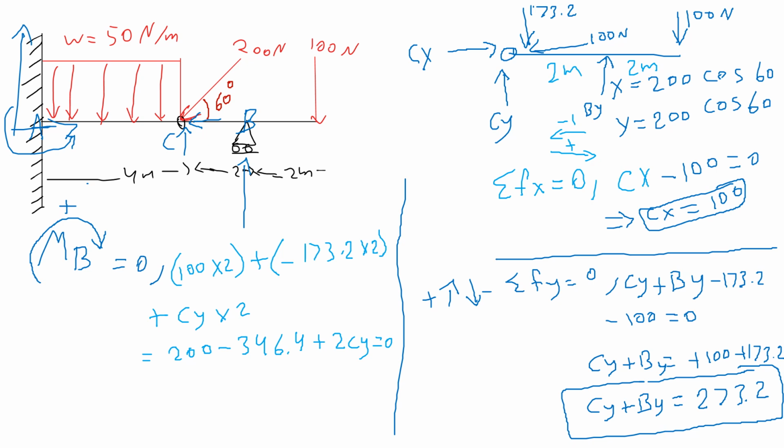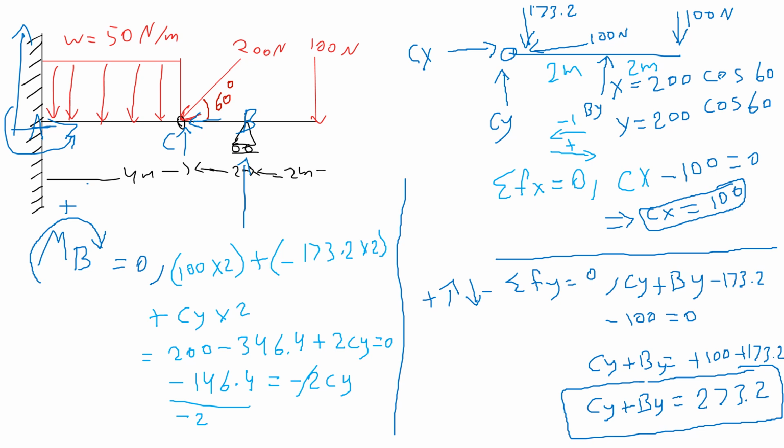So it's gonna be minus 146.4 equal minus 2Cy, and we're gonna divide both sides by minus 2.